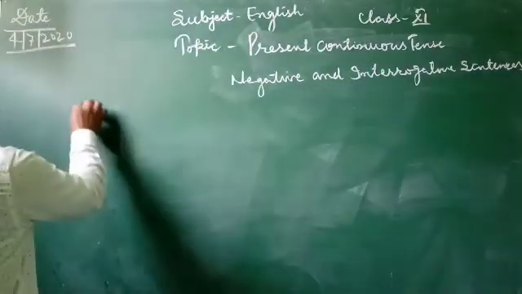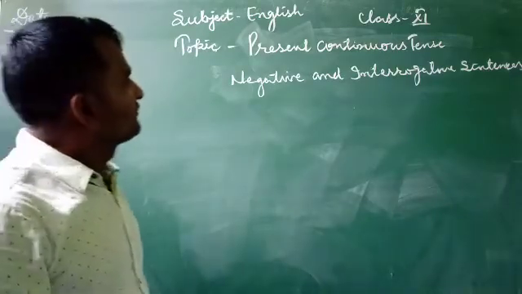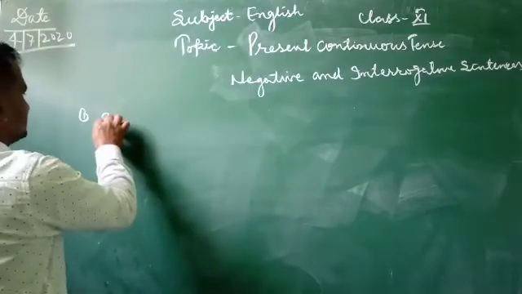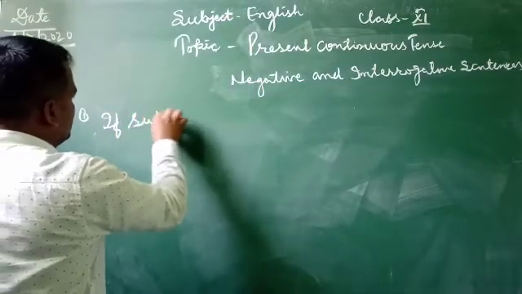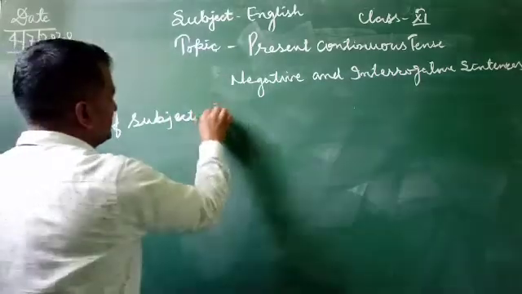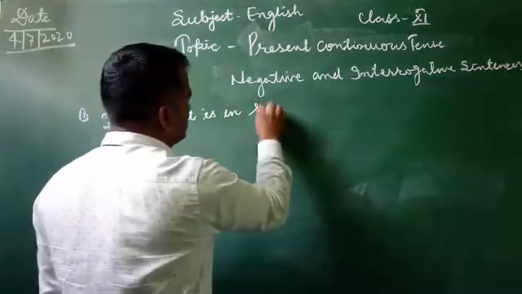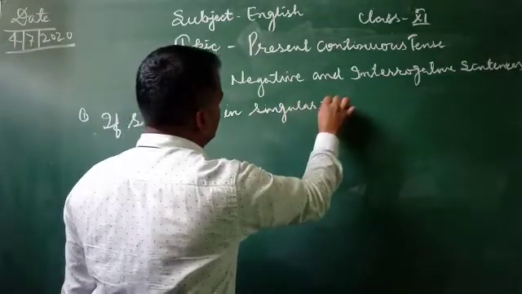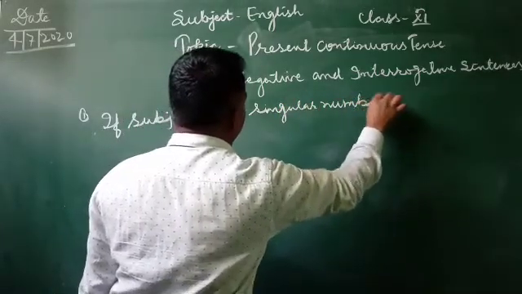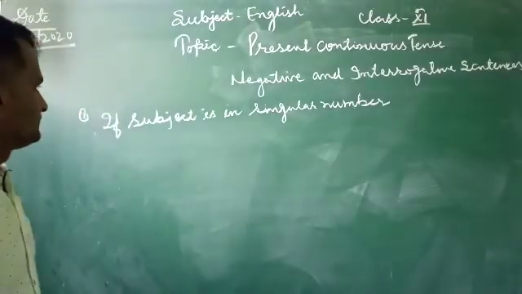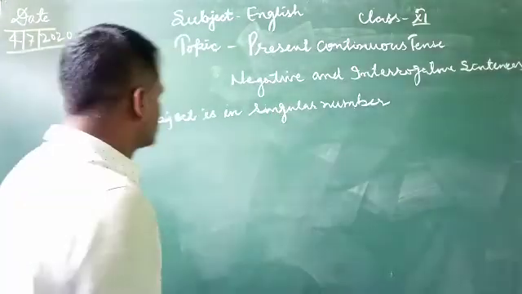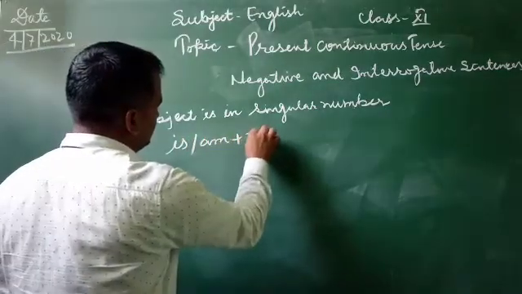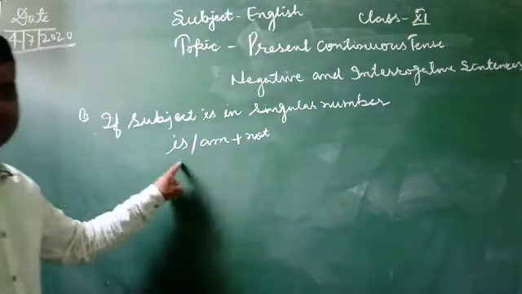So, first, the present continuous tense negative sentence: if the subject is in singular number, we have to use is and then not. Always remember these things.